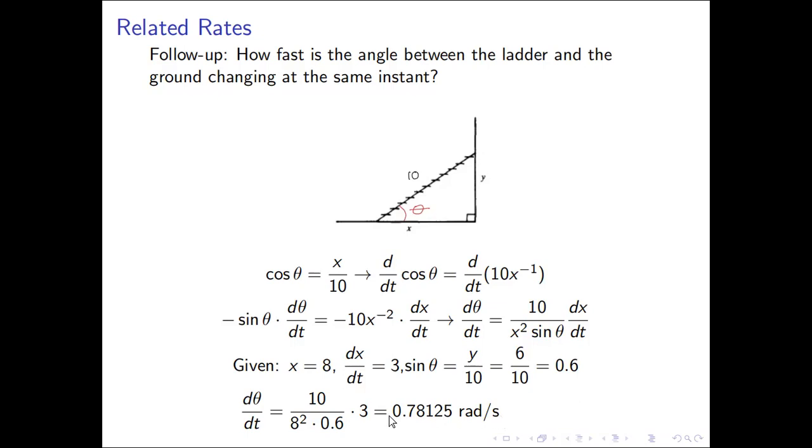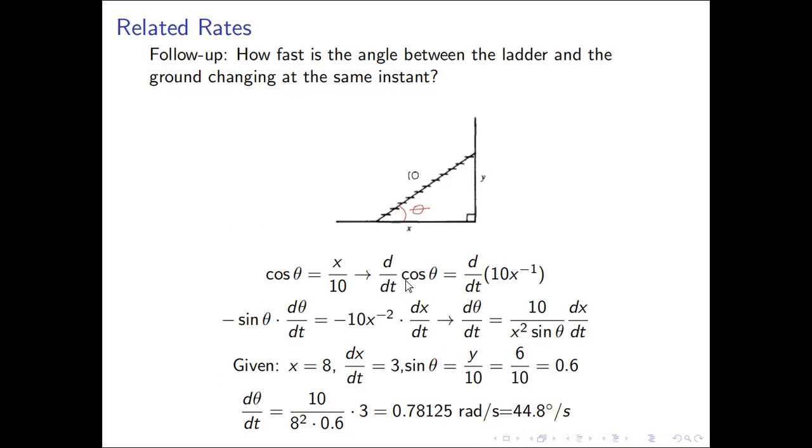Okay, the decimal is here, 0.078125 radian. Now, if you're interested, you can convert it to degrees. If you still remember how do you convert to degrees, you just multiply it by this factor 180, then divide by pi. So multiply by 180 and divide by pi, you get, so we move the decimal place also, 4.48 degrees per second at that moment.